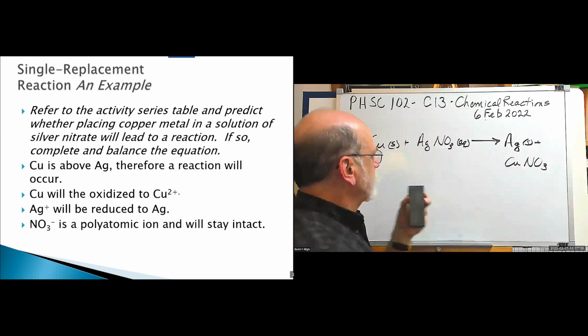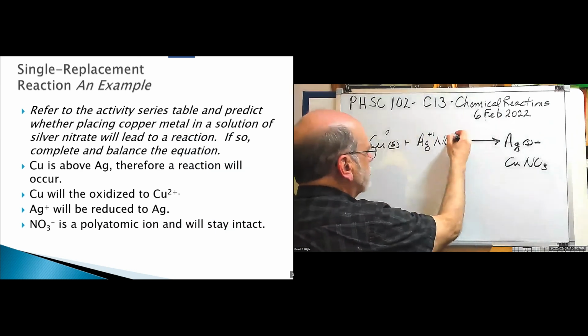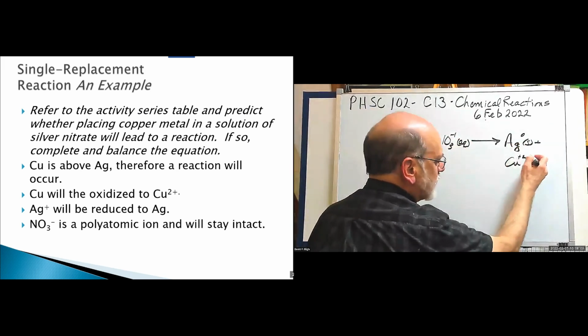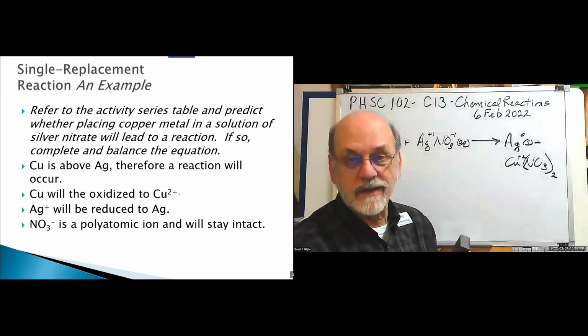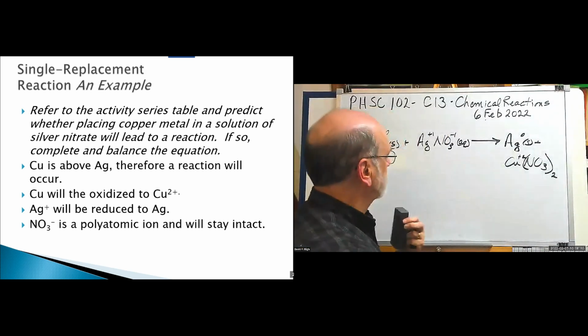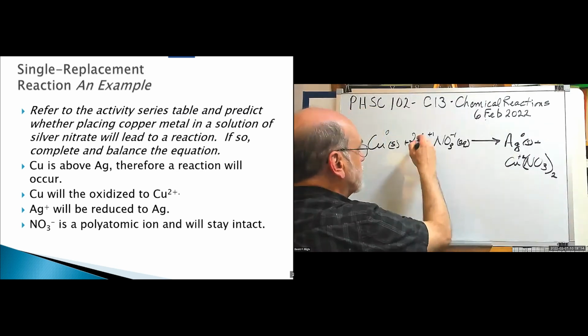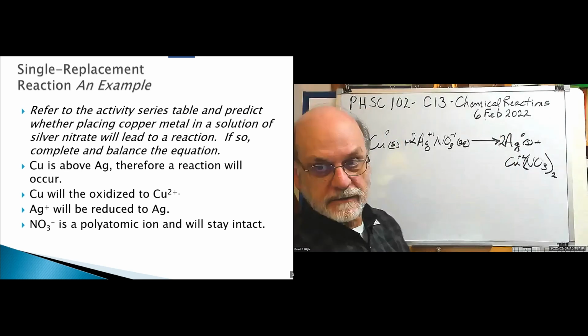Okay. So this one is +1. This one's 0, -1, 0, +2. So that means this one has to be 2 because the nitrate polyatomic ion is -1 charge. And then to balance it, we need 2 nitrates, which means we need 2 silvers. And now we're balanced.